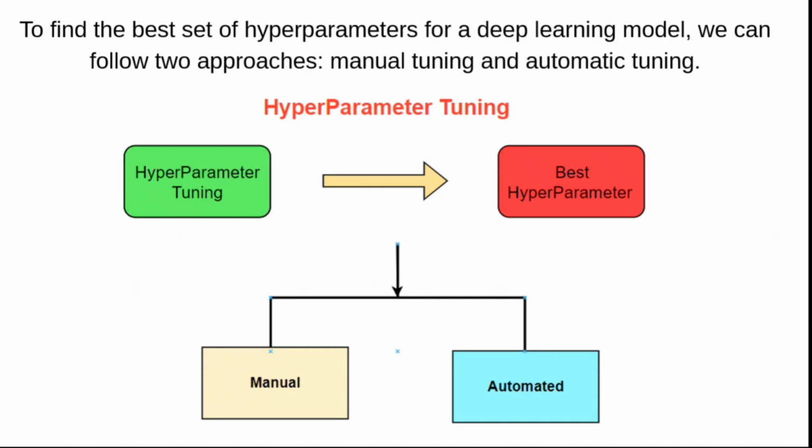They often use techniques like random search or Bayesian optimization. Automatic tuning can save time and effort compared to manual tuning and can often find better hyperparameter configurations.